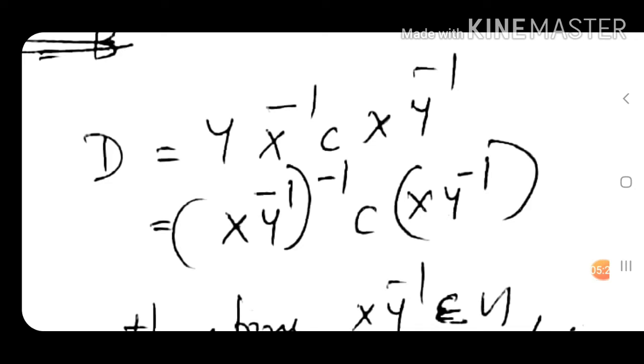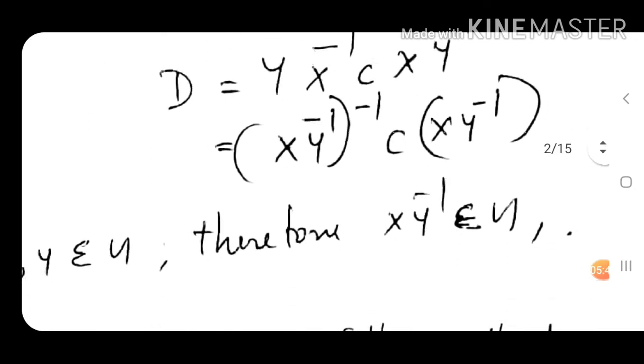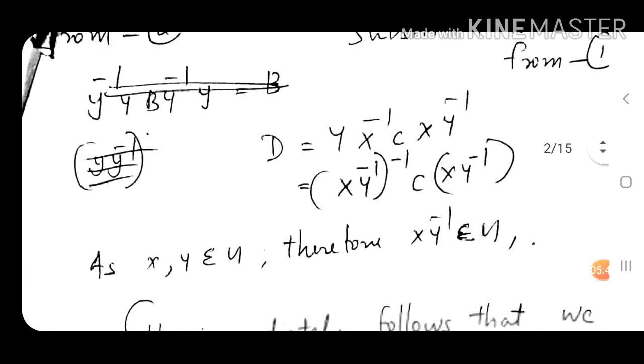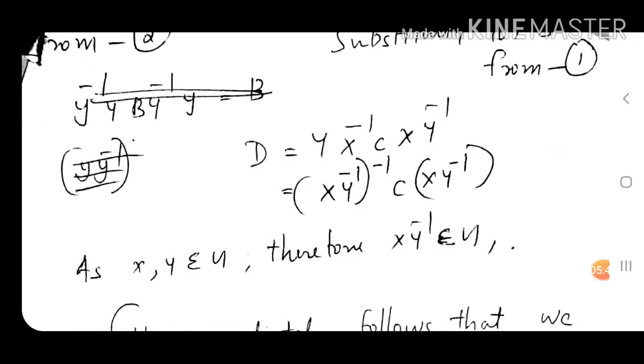When you take (AB) inverse, you will get B inverse A inverse. So (x y inverse) inverse is y inverse inverse x inverse, that is y x inverse.